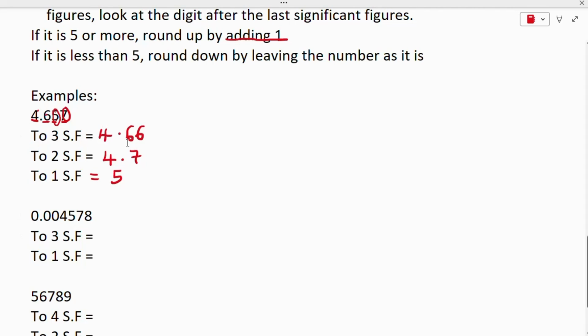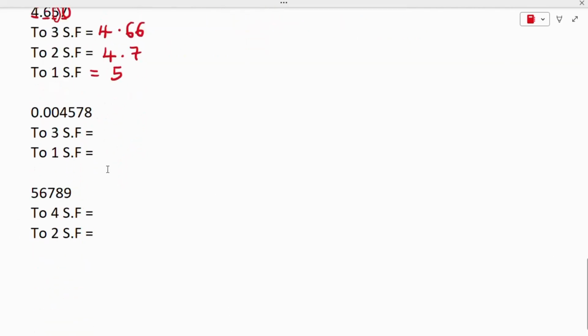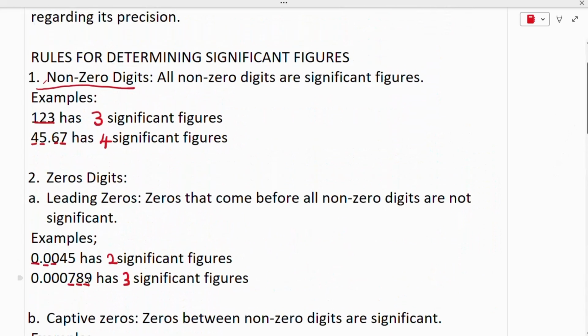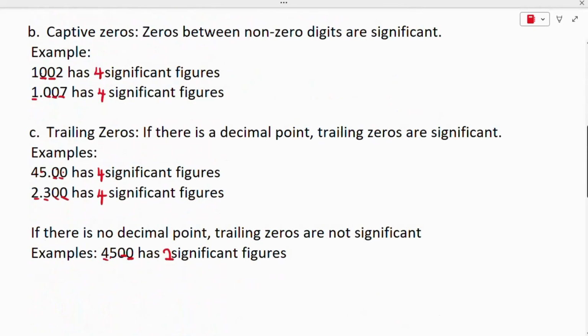Now let's take a look at this other question right here. We are to round this number to 3 significant figures and 1 significant figure. Like I said earlier, when we talked about zero digits, this was number 2 under leading zeros. We said zeros that come before all non-zero digits are not significant.